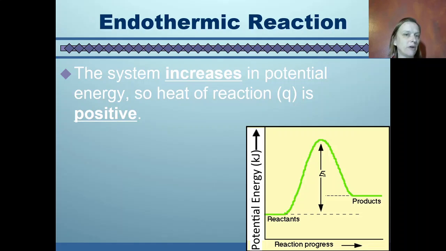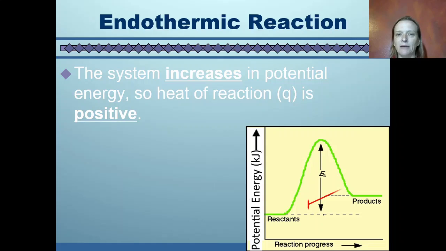In an endothermic reaction, the system, remember, absorbed some heat energy, so the system increases in energy. And the way it increases in energy is it increases in potential energy. We'll look at the heat of reaction in more detail in a bit, but the heat of reaction, which has the abbreviation Q, is positive.